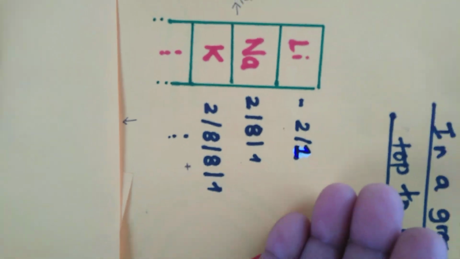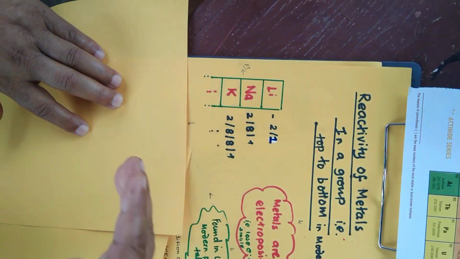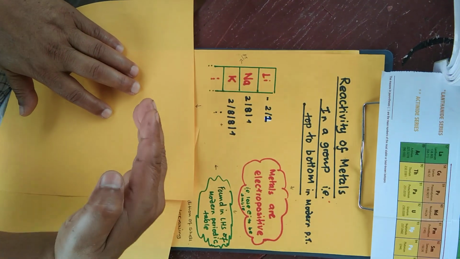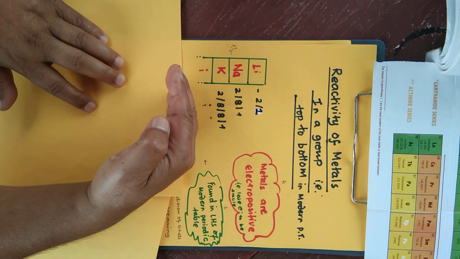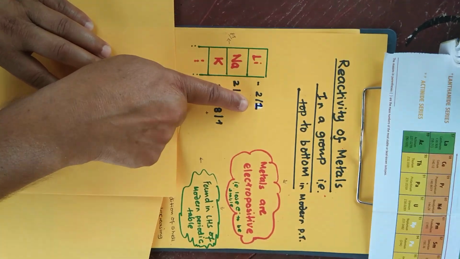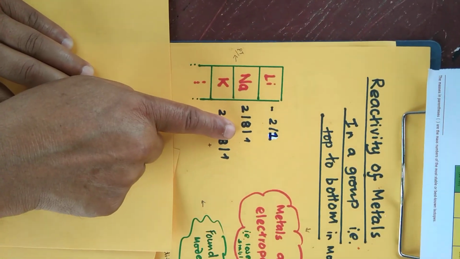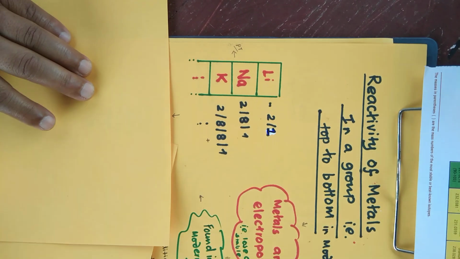That means when you go down in the group, moving from top to bottom, there is an increase of one shell in every element. For example, 2 shells are there in lithium, 3 in sodium, 4 in potassium.